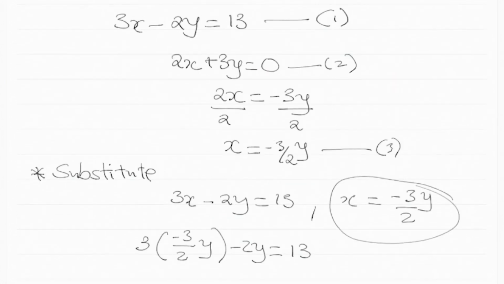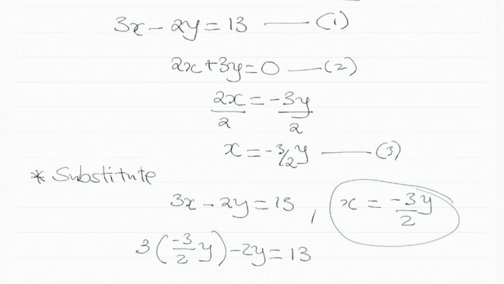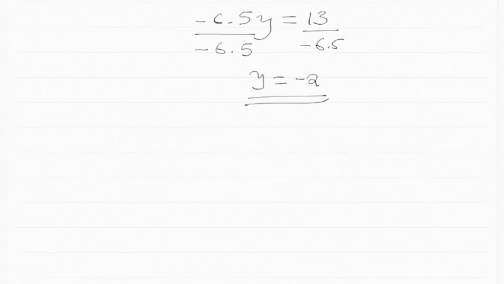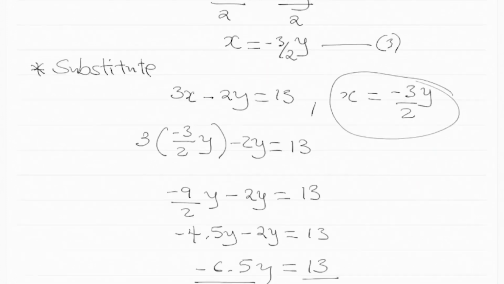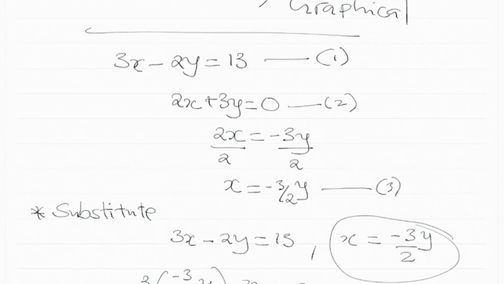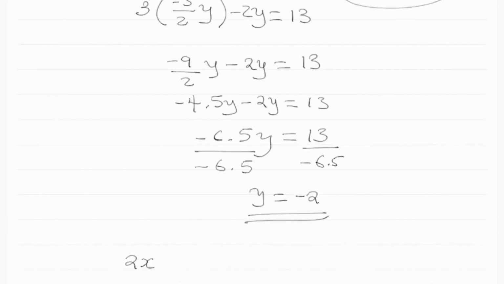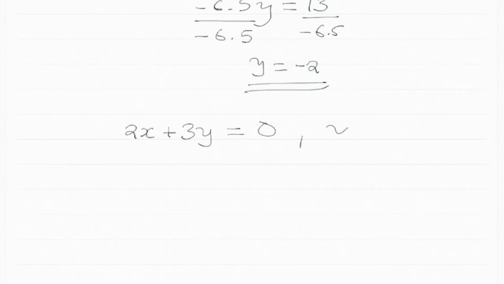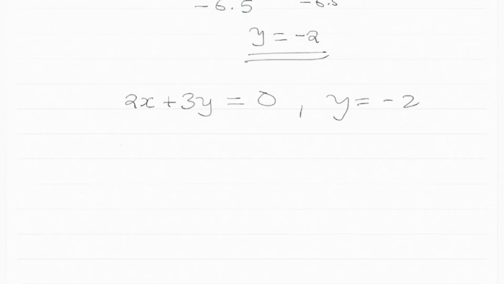After finding y, now you can find x by substituting this y into any of the equations, equation 1 or equation 2. So I choose to pick equation 2, which has 2x plus 3y is equal to 0. Now I've found my y to be negative 2.